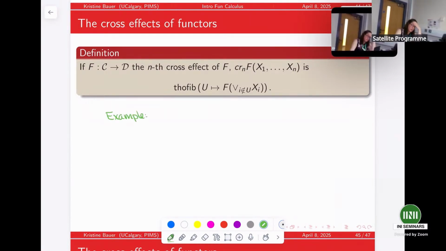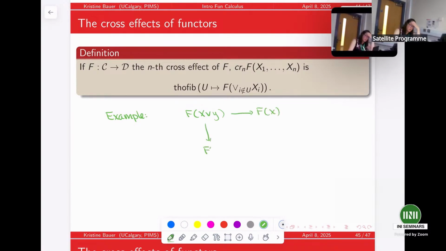If I just do this for n equals 2, then what I'm looking at is the cubical diagram where I take f of x plus y, f of x, f of y, f of a point. Take the total homotopy fiber of that cube.